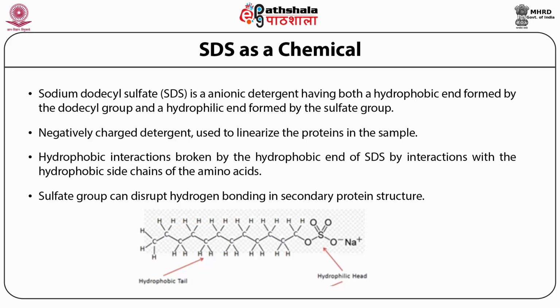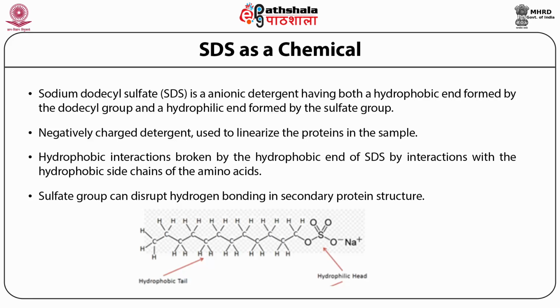Additionally, the SDS coats a negative charge onto the protein, and therefore the protein attains a net negative charge, due to which when an external field is applied to the gel in buffer, each protein molecule will flow towards the positive electrode. This allows the acrylamide matrix to separate the proteins based on size.